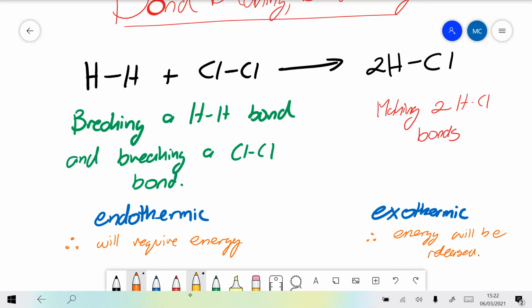Okay? So how would you then find the energy where you have a reaction? How will you find the energy released or absorbed in a reaction? And this is a very important process. Okay?